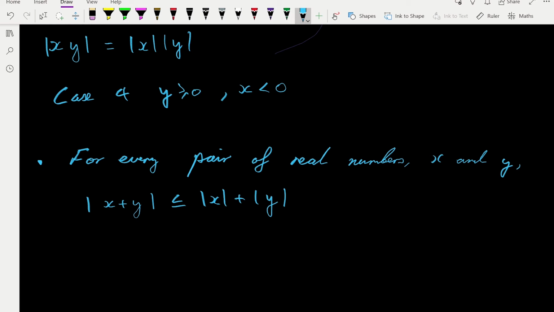That's what this property is called. This is the triangle inequality.